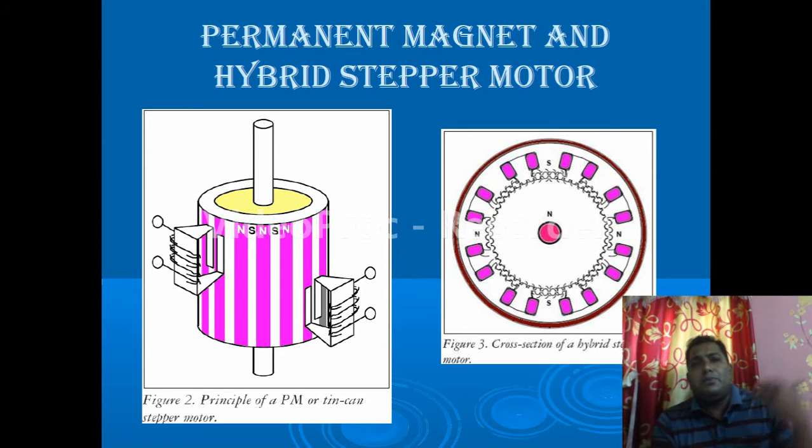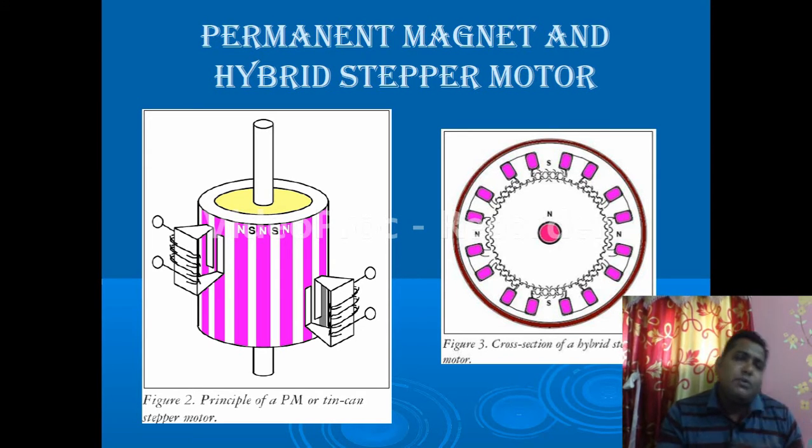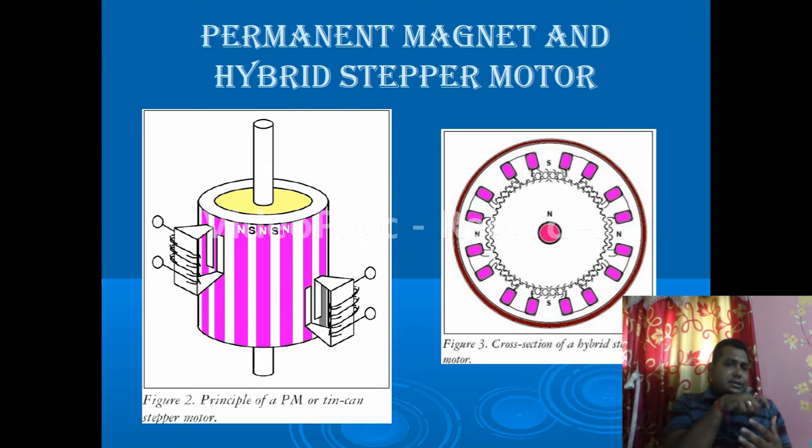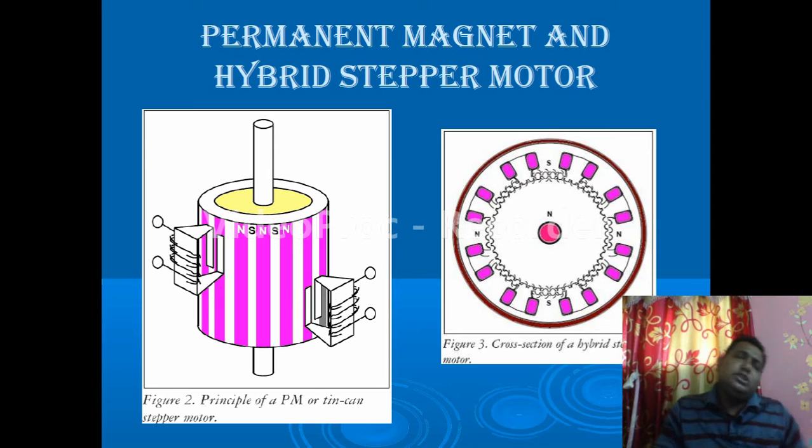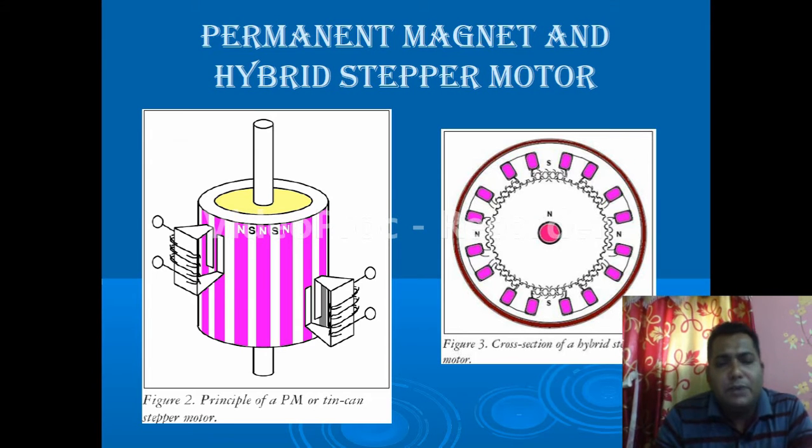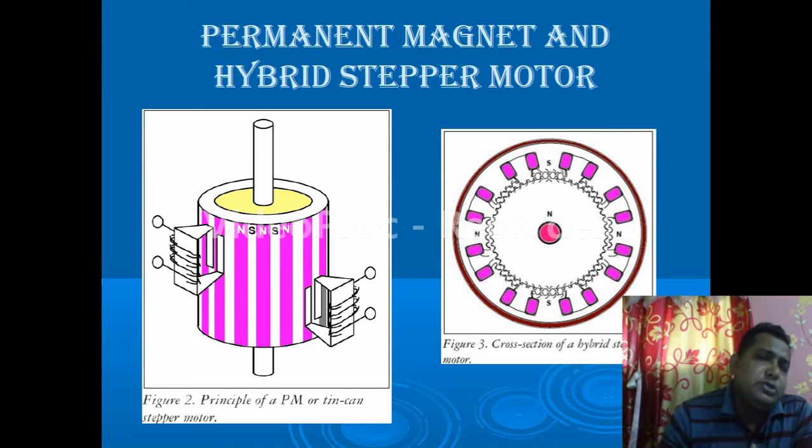That means the stator poles act as magnetic poles. Now we will give the supply. The stator generates alternate north south poles, and in the rotor section we also have north south. We know that like poles repel each other and opposite poles attract each other.